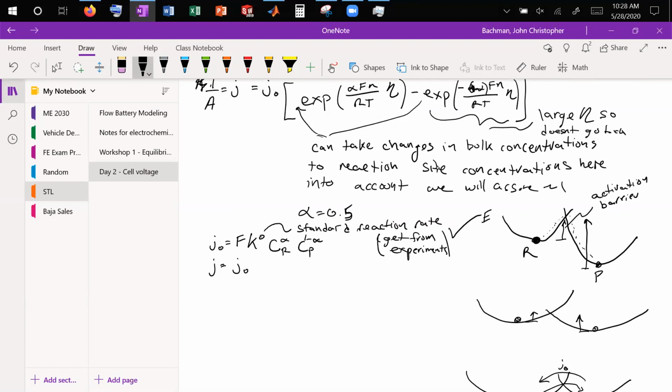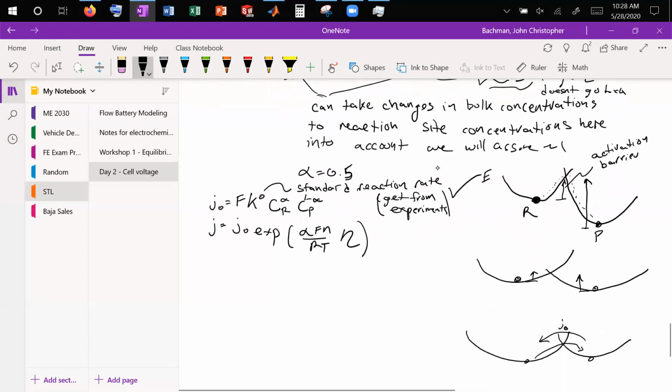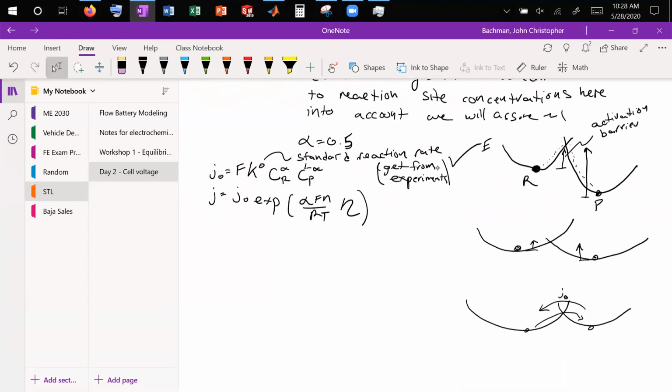So you have J equals J naught, and then we have the exponent of alpha F n over RT times this overpotential. And so typically we'll solve for the overpotential, so we'll have to divide this over.